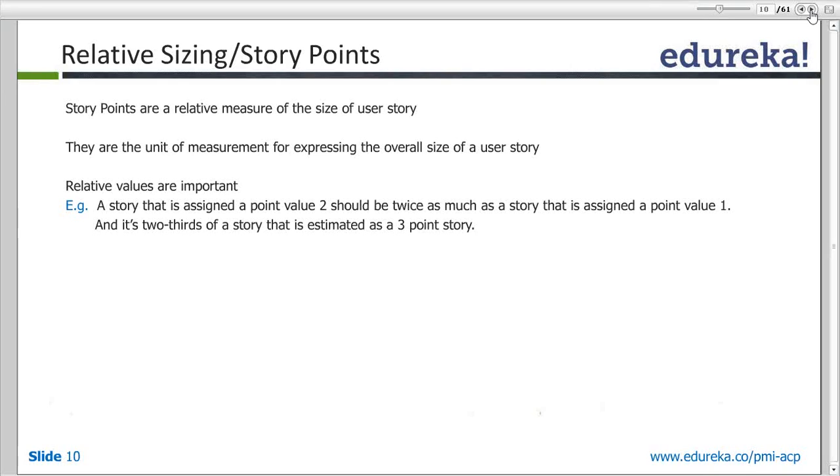Okay, but it does not mean that something which is assigned complexity 1 would take 1 hour, and something which is assigned complexity 2 is a 2-hour effort, or that something with complexity 2 takes 6 hours. It would not necessarily mean that something which has story size 1 would take 3 hours.